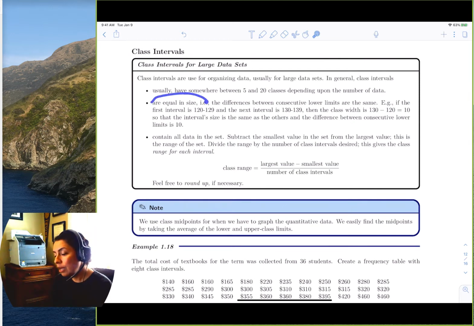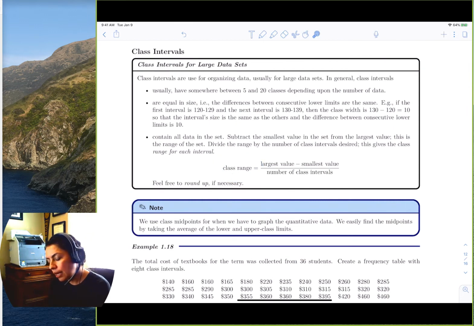So if you decide to make the class width 10, then every class in the entire table has to also be a width of 10. Also, your table should contain all the data in the set. You can't just guess what it should look like. There is a mathematical technique we're going to use to find this perfect class range so that it contains all pieces of data.